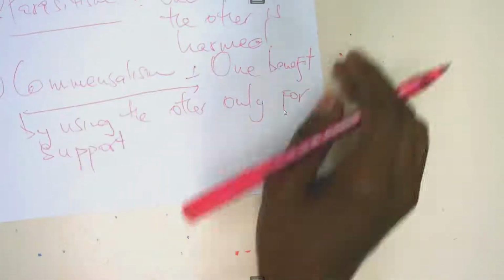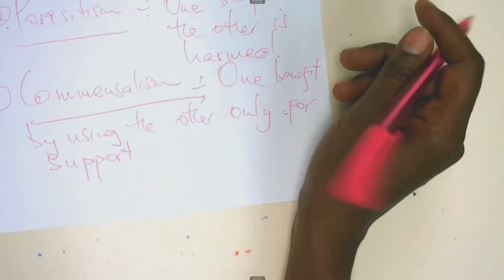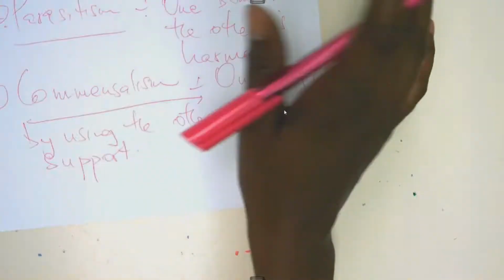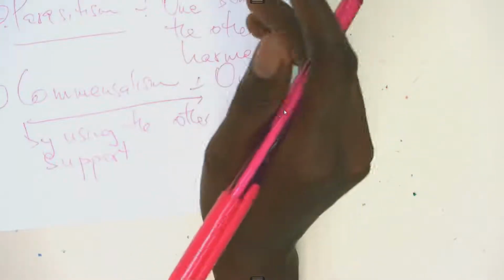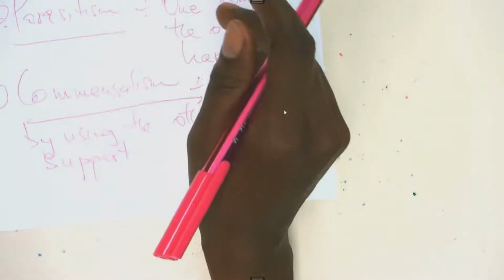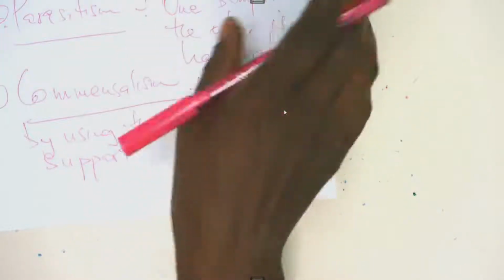So it simply means that the second organism is not harmed. It doesn't benefit, it will only be used for support, and again it will not be harmed.